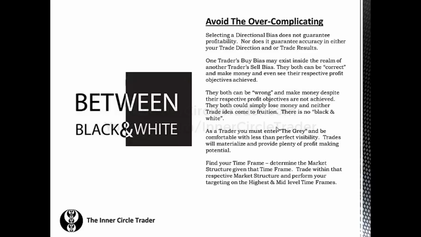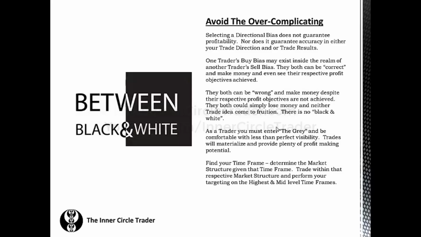So by selecting a directional bias, this does not guarantee profitability. It's very important you understand that. Nor does it guarantee accuracy in either your trade direction and or your trade results. One trader's bias may be bullish, they're looking for buys, and that may exist inside the realm of another trader's sell bias.